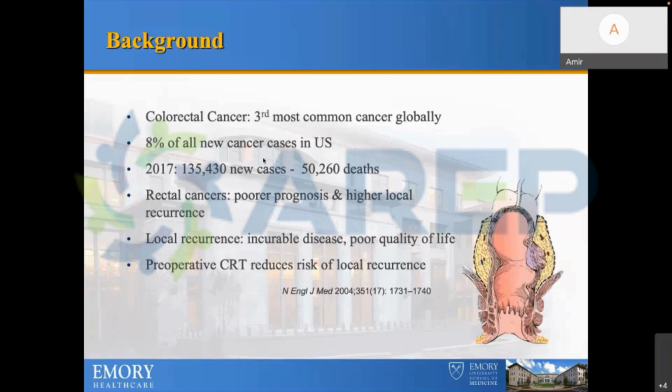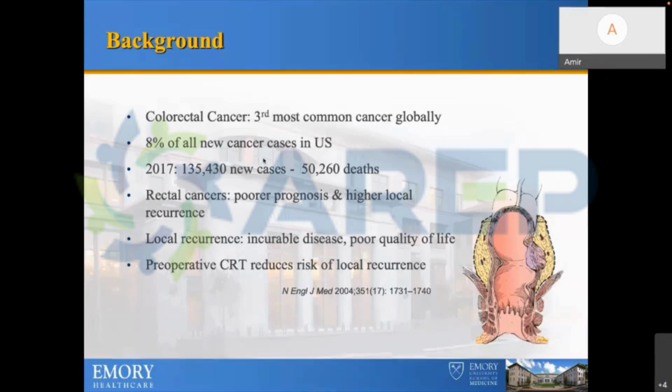Why is local recurrence important, and why does it indicate poor prognosis? It's because it indicates an incurable disease and poor quality of life, because of its location and its proximity to the sphincters and the limitations of surgery in that small area. It's been shown that preoperative chemoradiation therapy reduces risk of local recurrence.